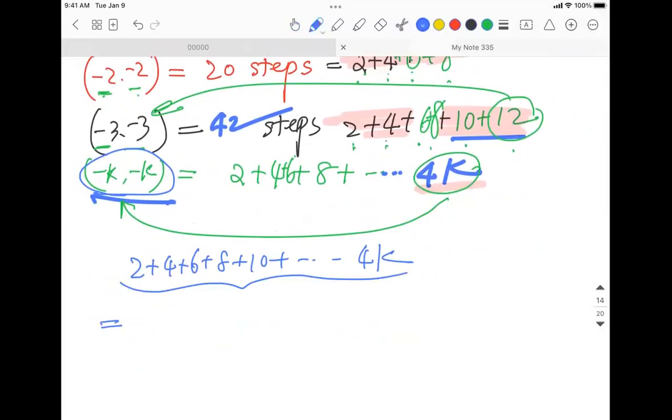We don't really cover the arithmetic sequence yet, but generally speaking, you got an idea, right? This is an arithmetic sequence. If you add them together, it's going to be 2k times (2k plus 1). You put everything together, and then you'll be able to figure out that these are the total steps you need to walk in order to go to this minus k position.